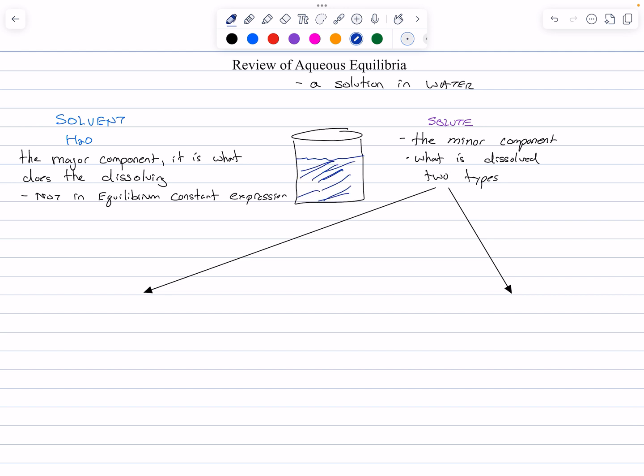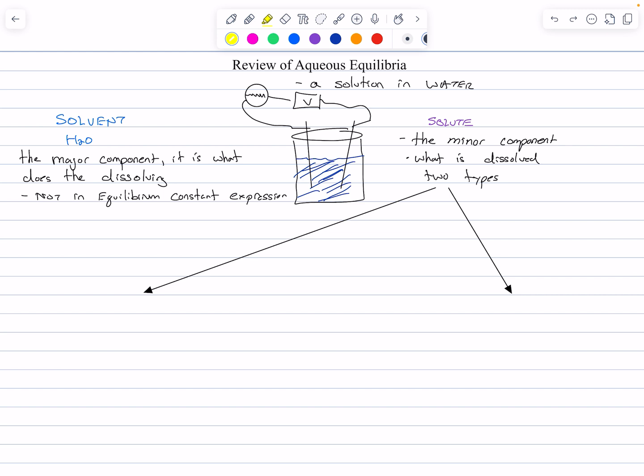If we had two electrodes in here, with alligator clips and a voltage source, connected to a resistor or a light bulb, we want to know: is it a dim light, a bright light, or no light?